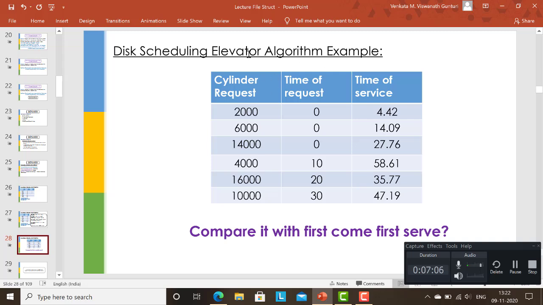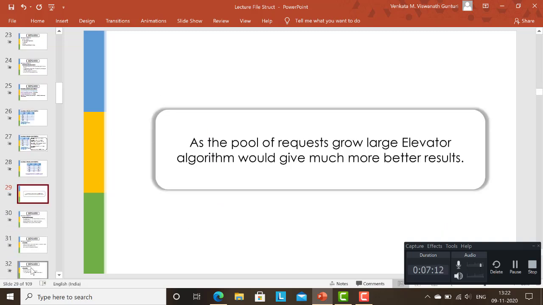So therefore disk scheduling via the elevator algorithm is quite popular, right? And there's a well-known fact here that if you have very few requests in your system, then first come first serve may perform okay.